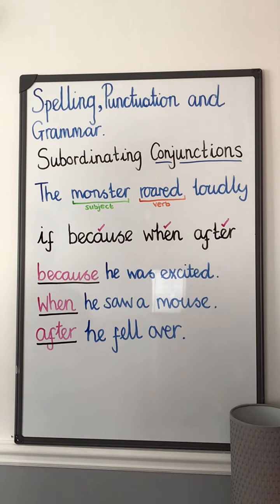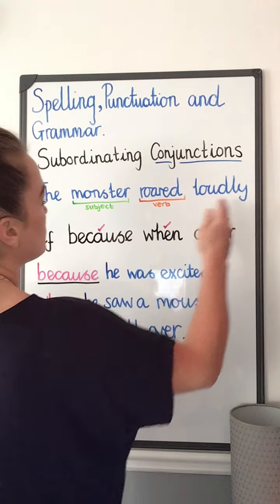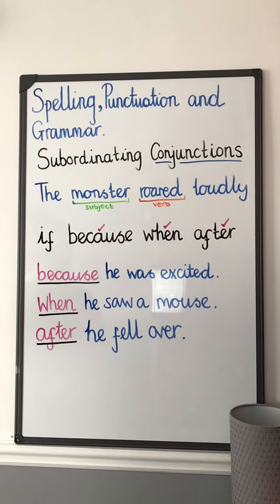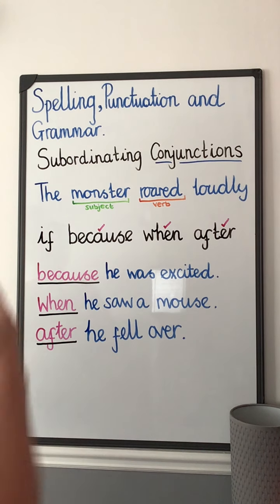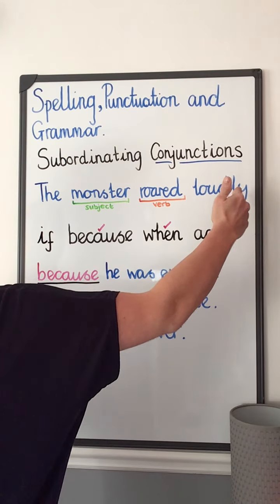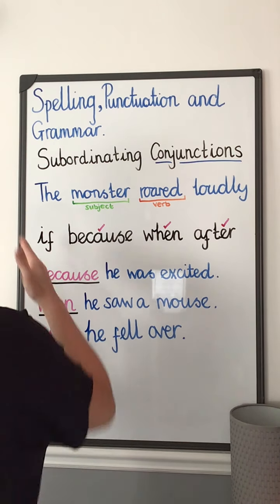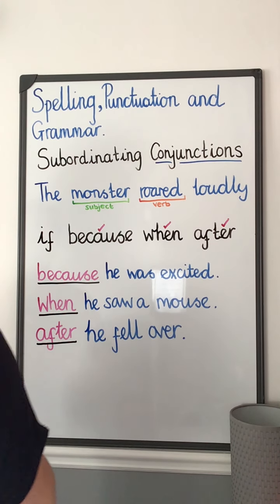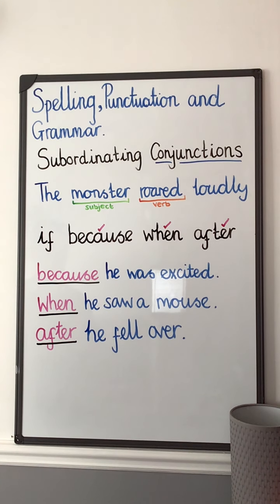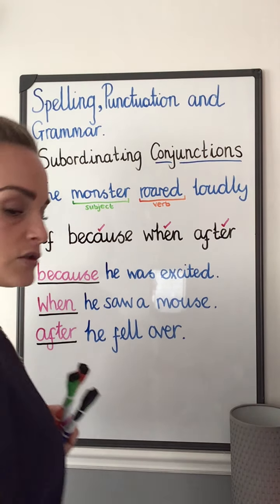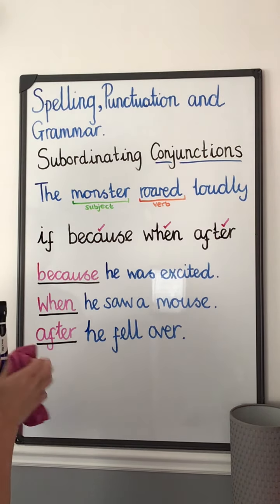So what I need to think about is the right conjunction that I would use for this sentence. Now I could change my main clause to suit if as a subordinating conjunction, or I could use if for a different main clause. Now, because I haven't got much space, I'm just going to change my main clause.